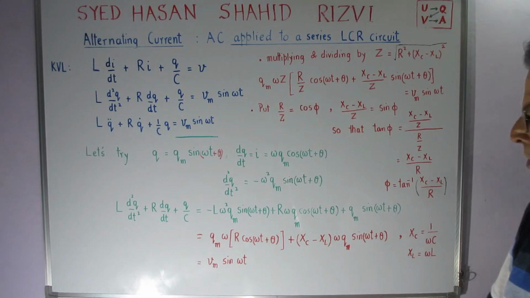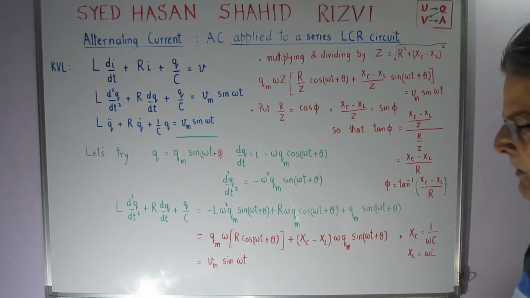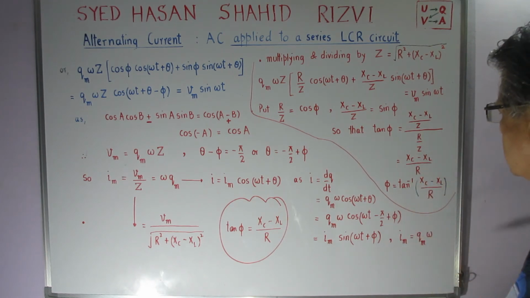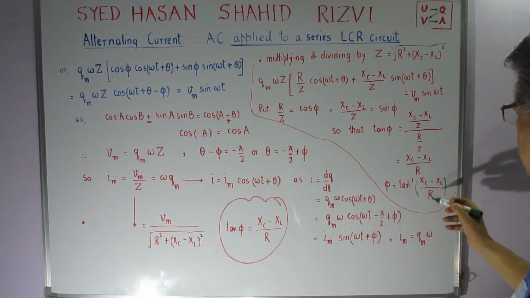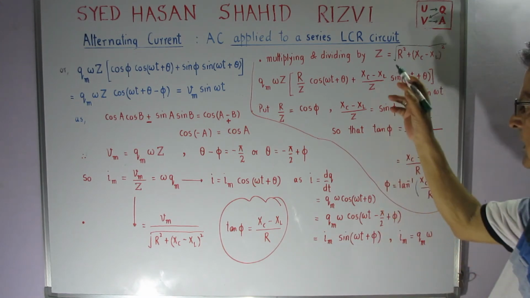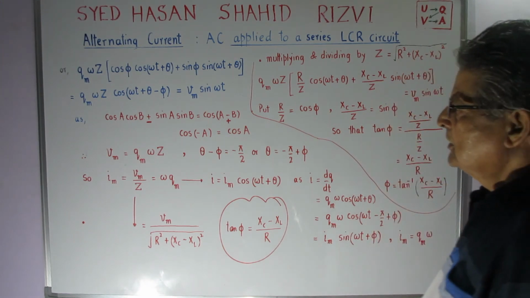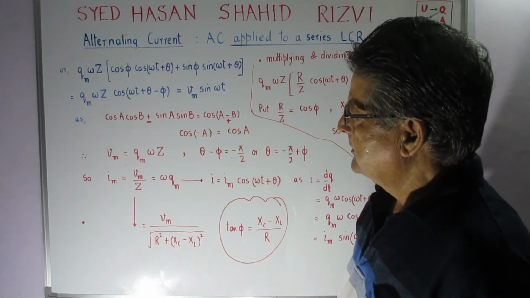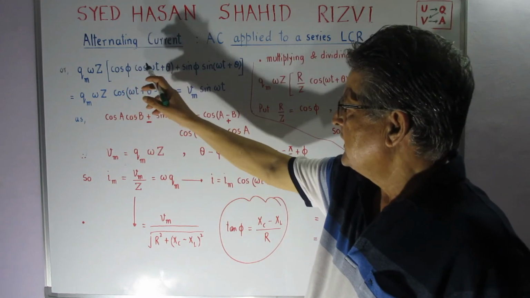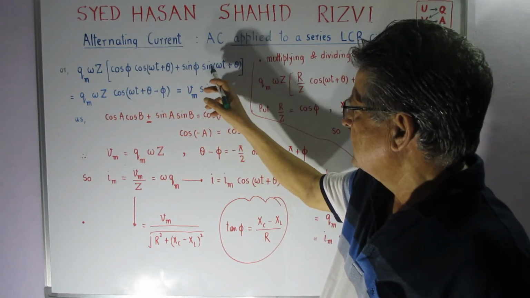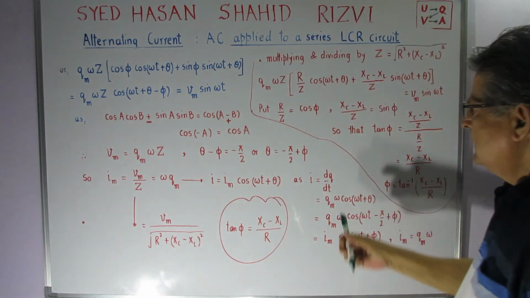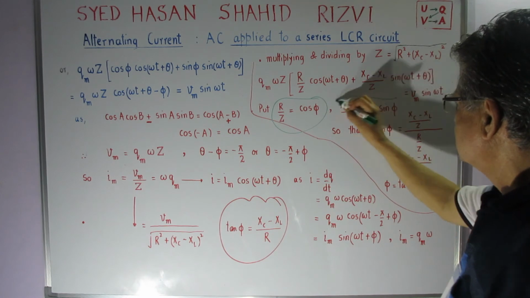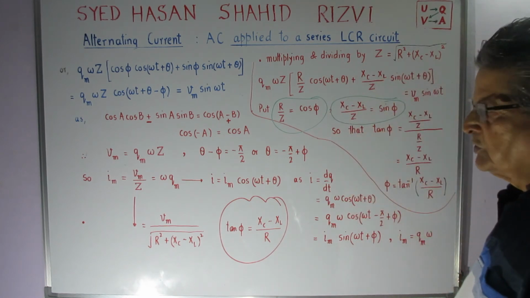Going further, we got this relation where phi was tan inverse of xc minus xl upon r, and we obtained the results. Let me write this again with qm omega z, cos of phi cos of omega t plus theta, sine of phi sine of omega t plus theta, where the values of cos of phi and sine of phi are expressed over here.